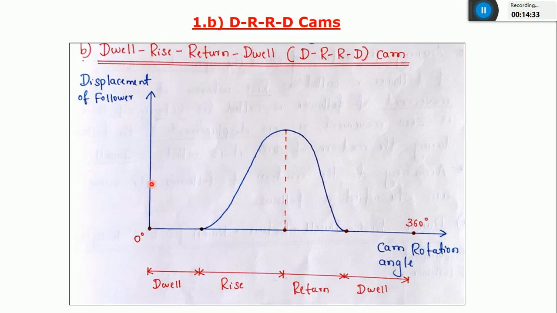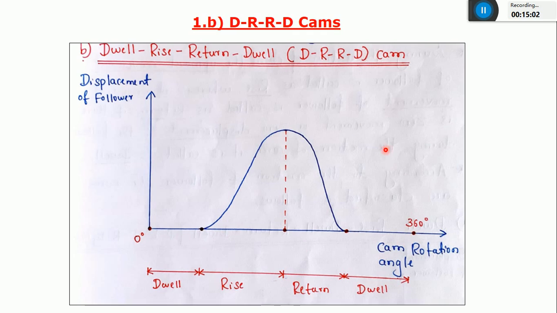And along the y-axis, I'm going to plot the displacement of the follower. Same thing, whatever I have discussed in the previous slide. That is the distance traveled by the follower from 0 to 40 mm. The follower is moving in upward and downward direction. And the angle covered by the cam is from 0 to 360. You can take this as 0, 90, 180, 270 and 360.